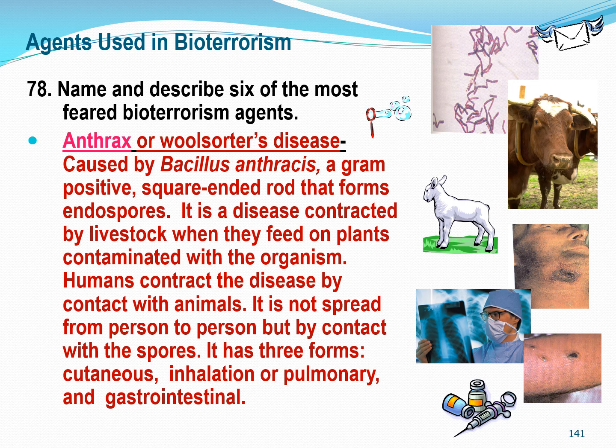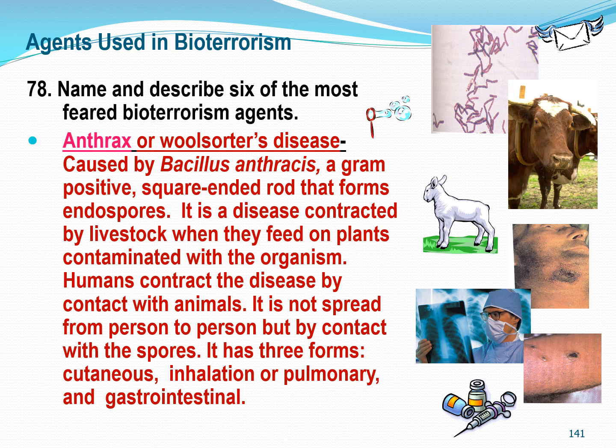So it goes to the lambs and to the cows first, right? Then humans contract the disease by coming in contact with the animals, like wool sorters that were sorting those wools taken from the lambs. It is not spread from person to person, but by contact with the spores themselves.